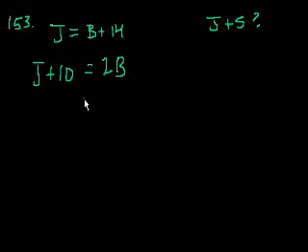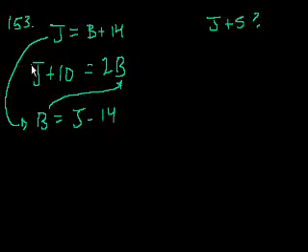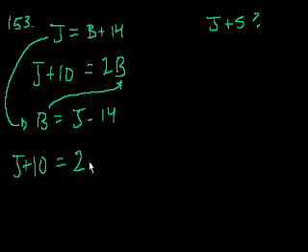So let's just try to solve for Jack. This top equation tells us that Bill is equal to Jack minus 14, and then we can substitute this in for Bill here. So this equation will become Jack plus 10 is equal to 2 times Jack minus 14.